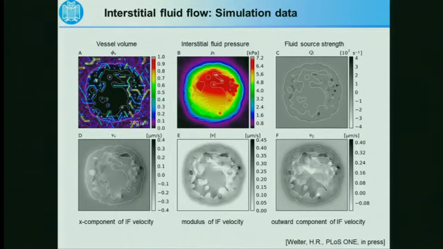So first you have to grow your tumor vessel networks. You have the tumor with necrotic regions and so on. Then you solve for a snapshot the equations for the convection diffusion of interstitial fluid, and that is what comes out. You see interstitial fluid pressure.